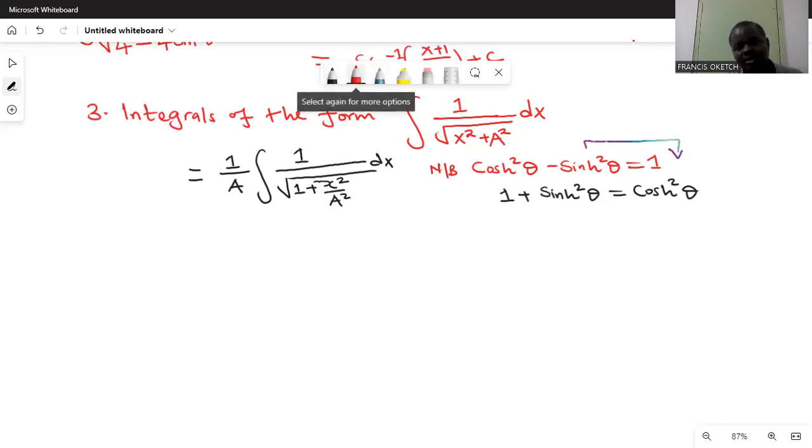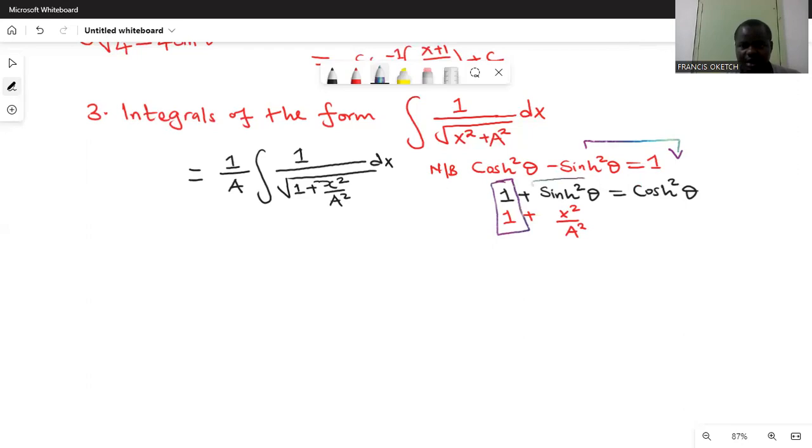We have 1 plus x squared over a squared. If you do the comparison, what do you find? You realize that 1 can be compared to 1. They are the same.